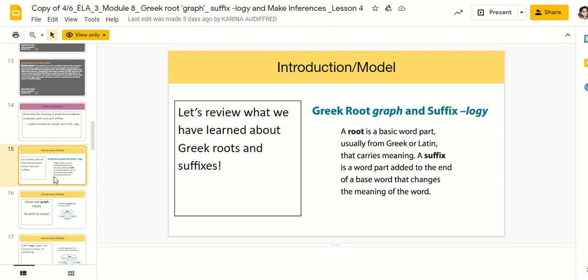A suffix is a word or a part added to the end of a base word or a root word that changes the meaning of the word. For example, in delightful, the suffix full means to be full of. So delightful would be to be full of delight or feeling delight.